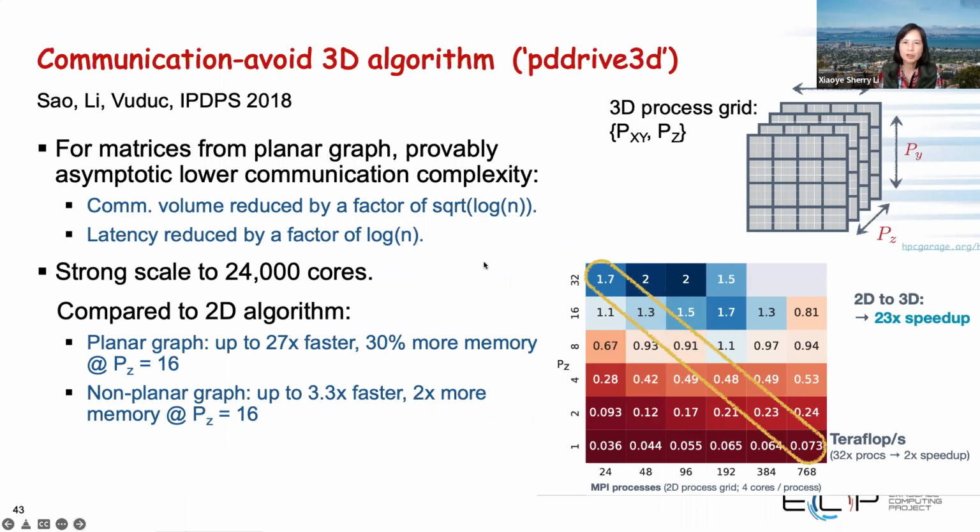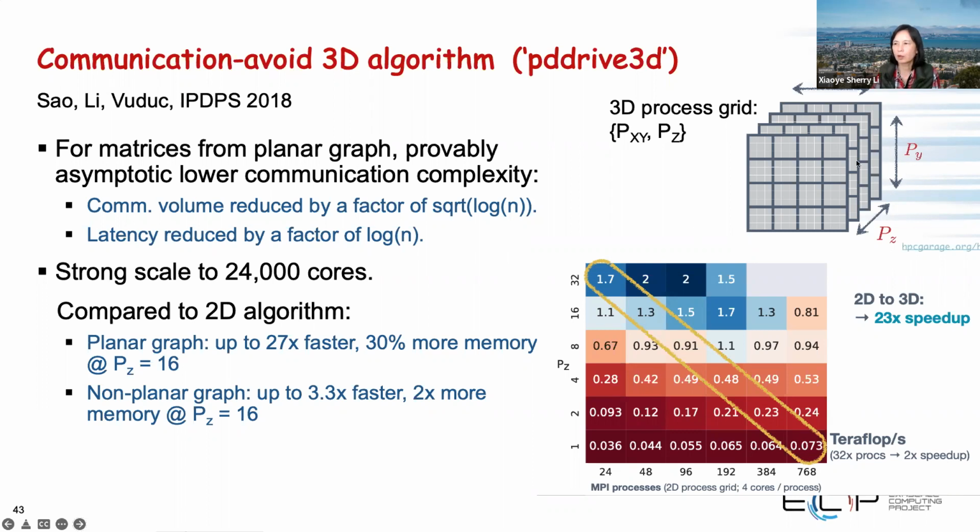And communication avoiding, you probably have read a lot of papers from dense matrix computation, like dense QR, dense LU, etc. And dense GEMM, of course, people have worked a lot on. One technique that is very promising is to organize the processes in 3D.